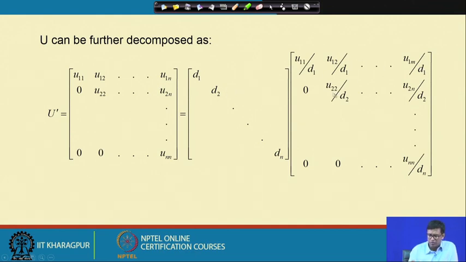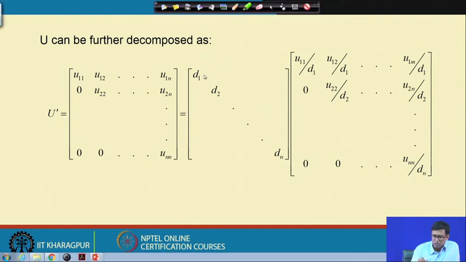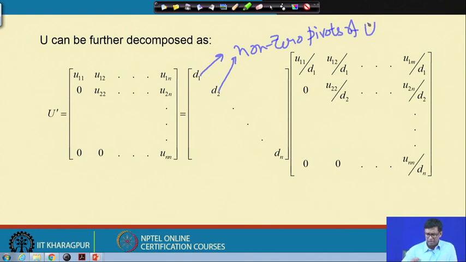We take D2 out of the second row and divide all the terms of the second row by D2, and so on. This is possible because the pivots are non-zero. These are basically the non-zero pivots of U. If any of these pivots is 0, the process would have stopped here.